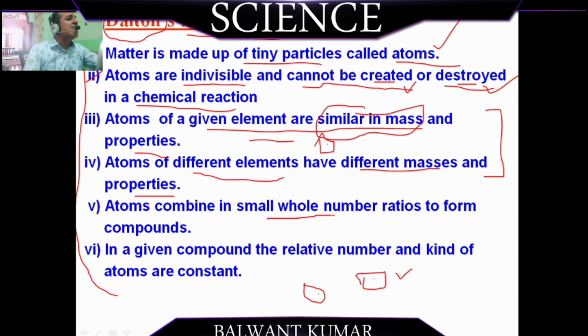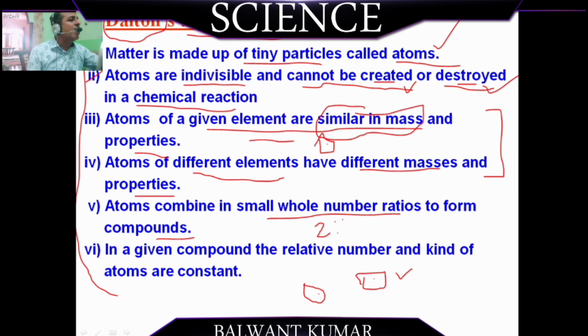Then, atoms combine in small whole number ratios to form compounds. It means that when a water molecule is formed, the two hydrogen atoms and one oxygen atom remain in the small whole number ratio of 2:1.